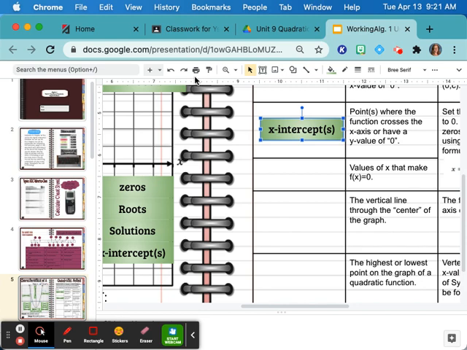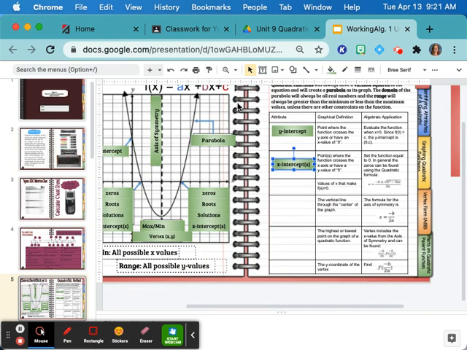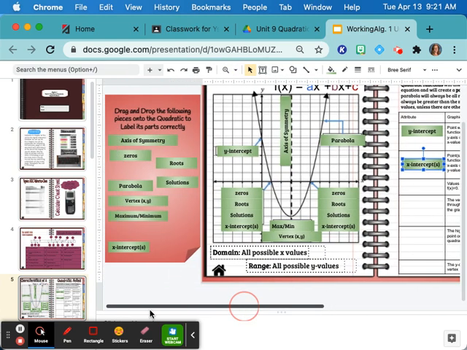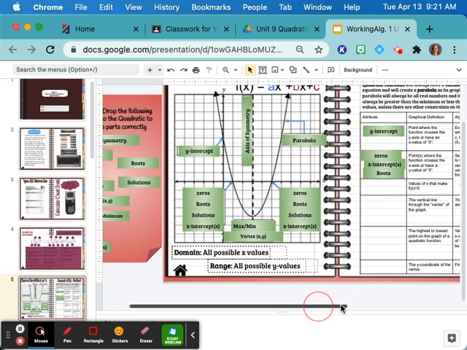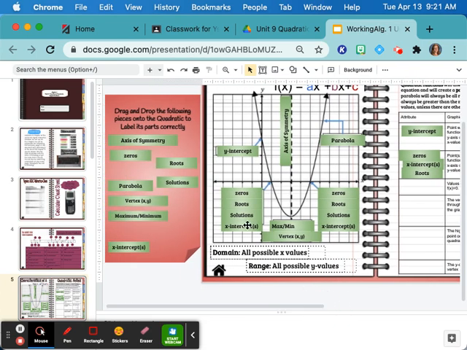There are other names for x-intercept, though. Let's see, do we have any others that we could drag over there? Roots and zeros. And then solution is the next one. Values of x that make f of x equals 0. So we'll put solution down here. So all 4 of those mean the same thing.